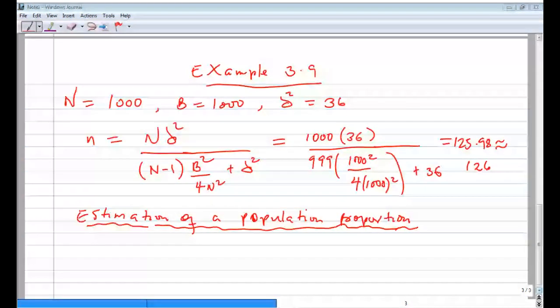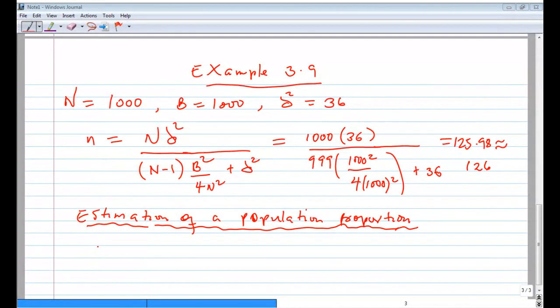Now, so the population proportion is given by P. Okay, let me write it down. Population proportion is given by P, which is equal to the summation of y over n.